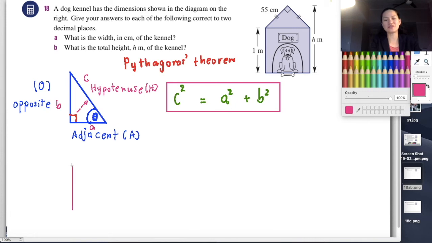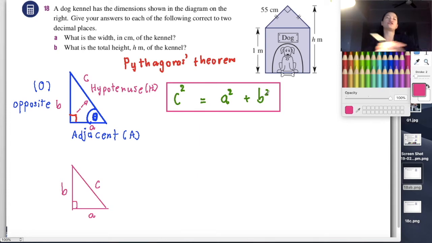If you see some triangle, it has to be a right angle as well. C has to be the hypotenuse, the one opposite the right angle, C. And the others could be A, B, and then the formula is C squared equals A squared plus B squared.